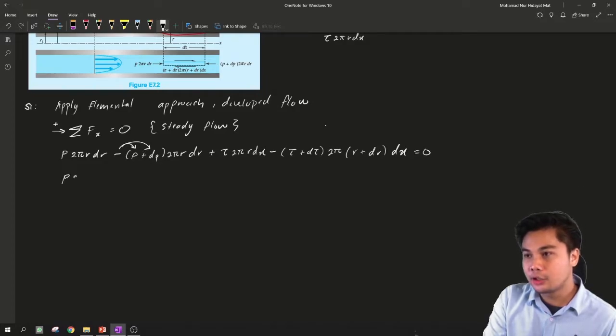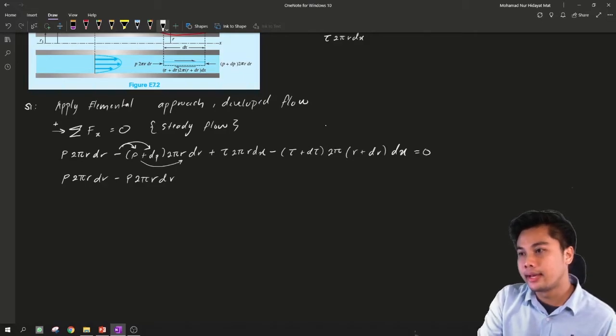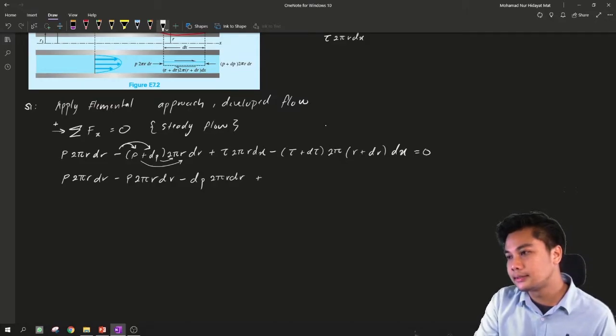You will get P 2 pi r dr minus P times 2 pi r dr, and then negative dP multiplied again with 2 pi r dr, plus tau 2 pi r dx.